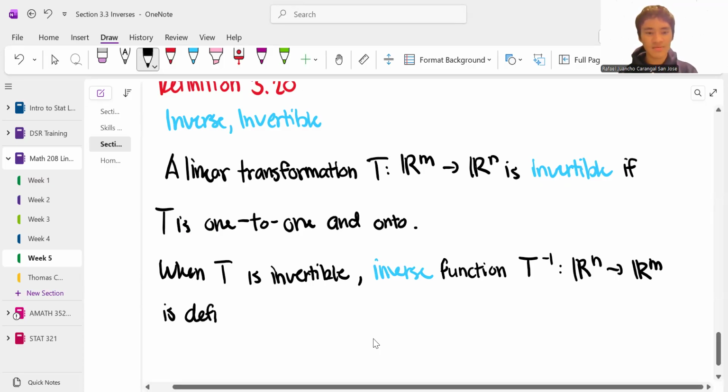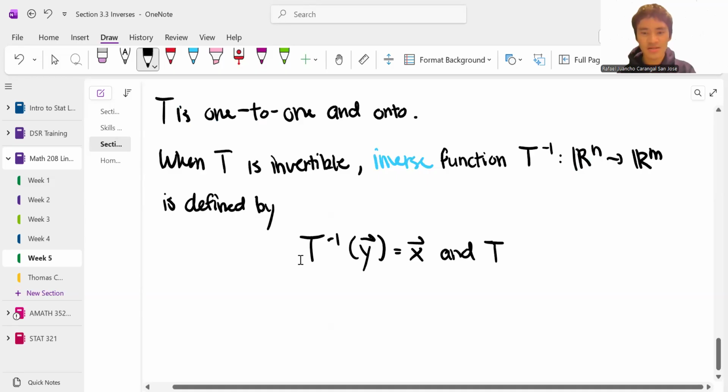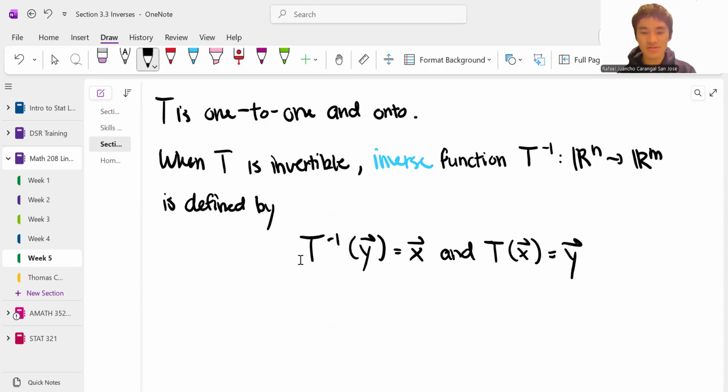And this is defined mathematically as follows. We've seen it: T⁻¹ takes this output vector y, which is now going to be our input, and gives x, the original vector, where we plug that input vector into the linear transformation and get back the y.